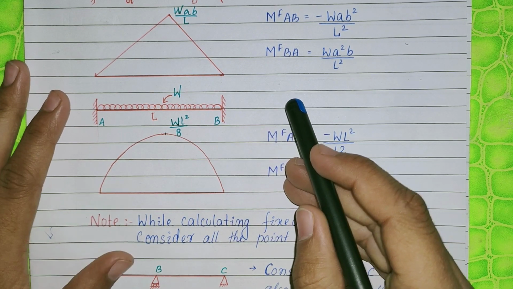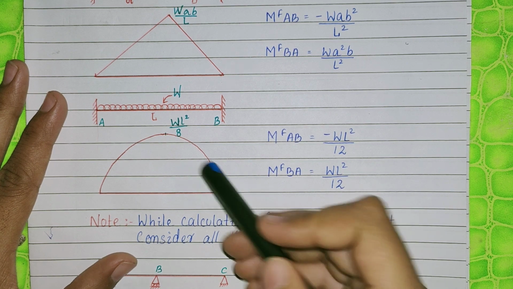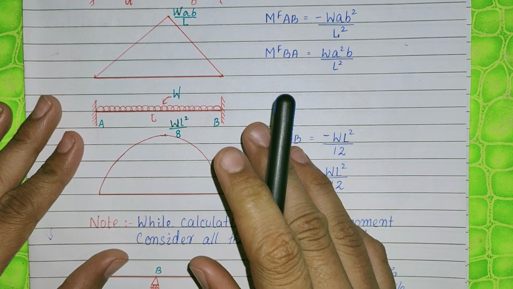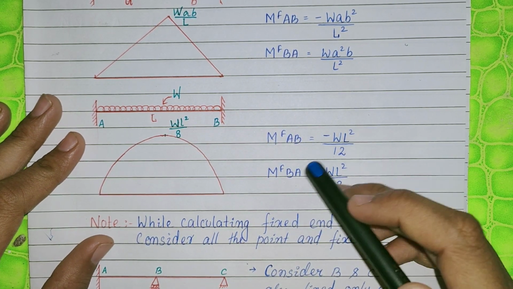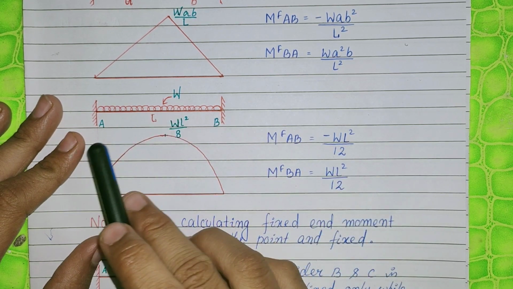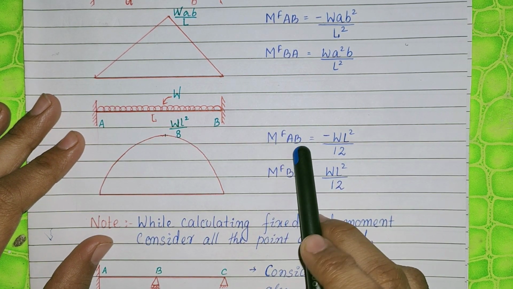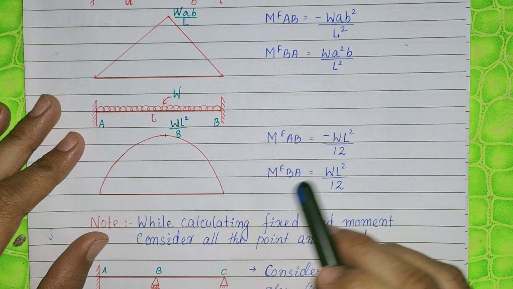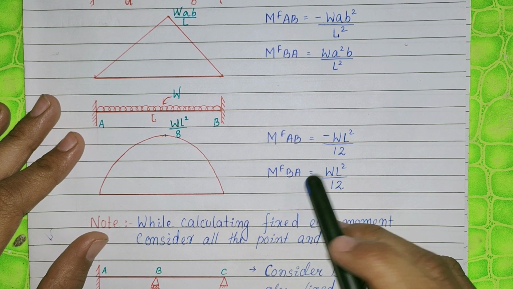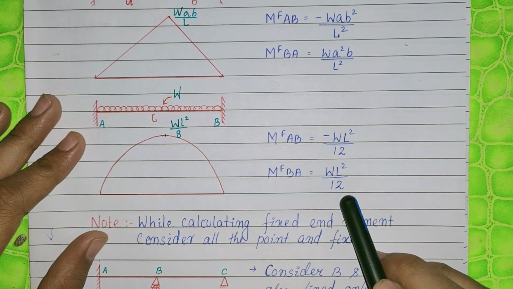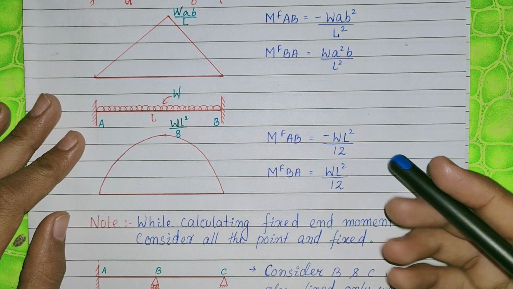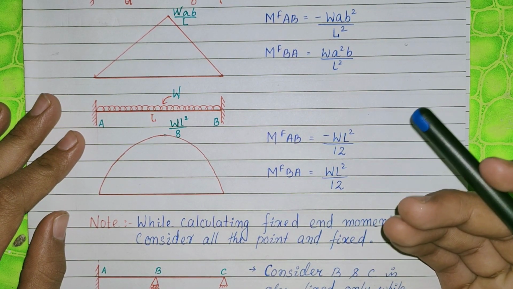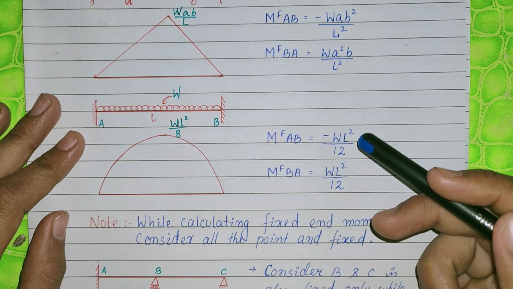Then the figure is parabolic and the maximum height of the parabola is WL²/8. The fixed end moment MFAB is equal to −WL²/12 and MFBA is equal to WL²/12. There is no change in the formula. Both formulas are the same, only the first is negative and the second is positive.